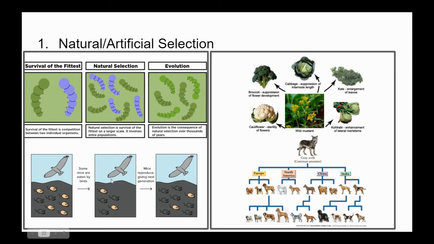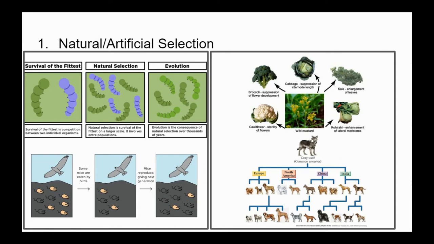Something like brown mice being eaten by the hawks if they're in the black lava fields. We saw that in that example with the black and brown mice, right? So that's natural selection.